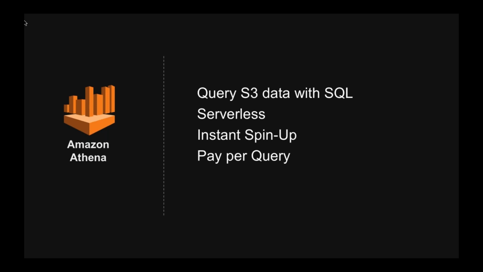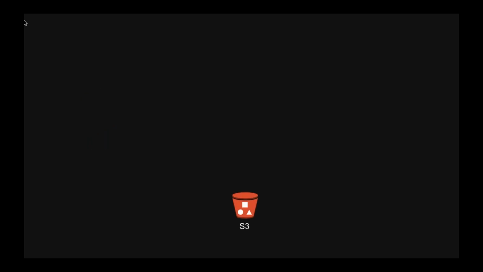Now, it is serverless, so basically you don't have to actually provision or spin anything up. You simply just run the query, and we will then provide you the cluster that will then access the data and give you the result set back. And you then pay that per query, not per hour or anything like that.